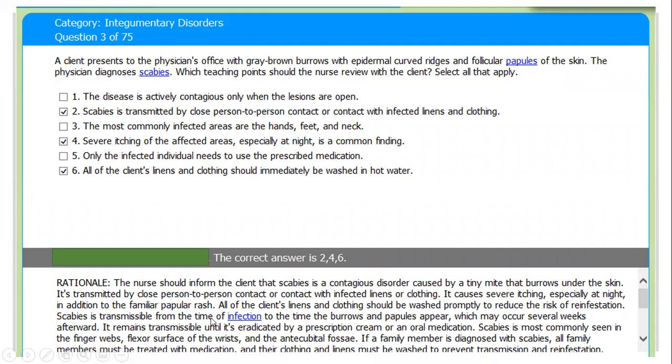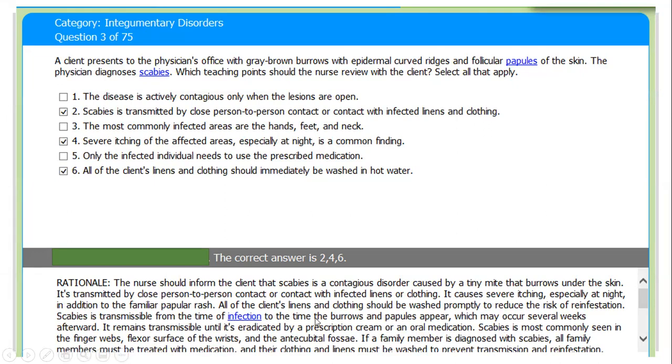Scabies is transmissible from the time of infection to the time burrows and papules appear, which may occur several weeks afterward. It remains transmissible until it is eradicated by a prescription cream or an oral medication.